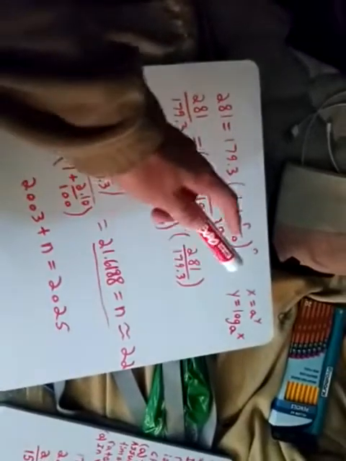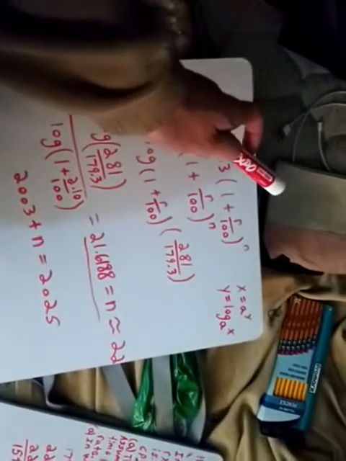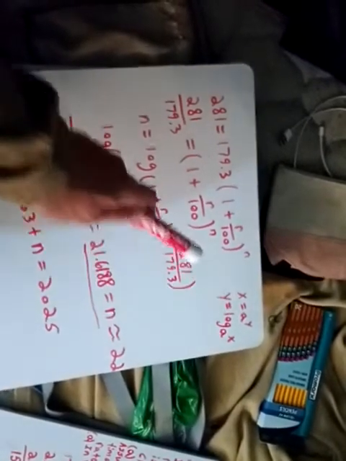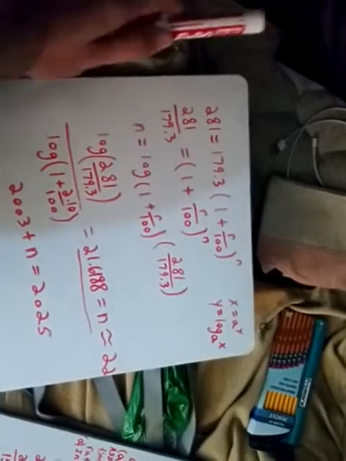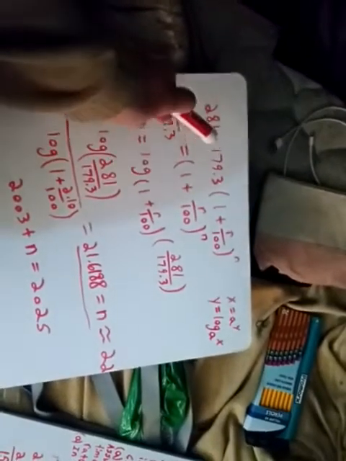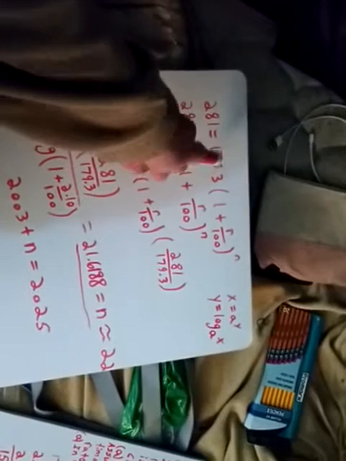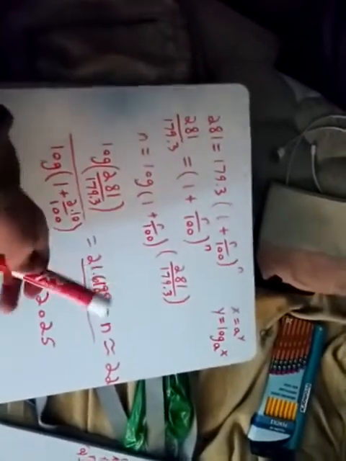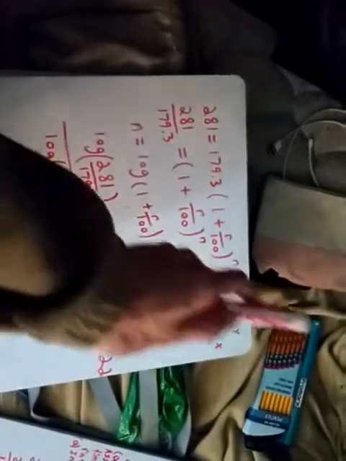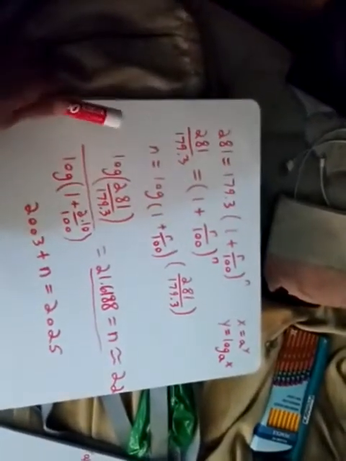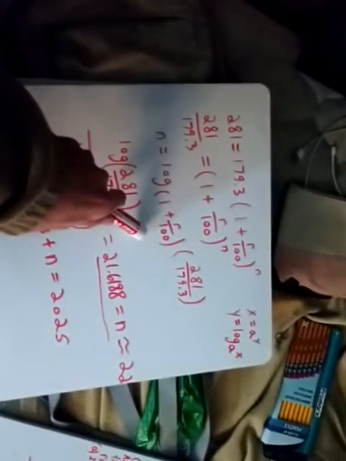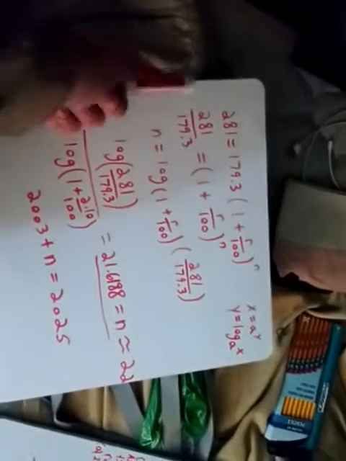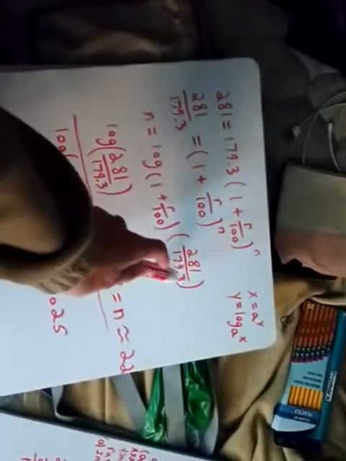In this case, to solve for n, I had to cancel some factors, like this factor here. That's what got me this 179.3 on both sides. Then I just had to convert the exponent into a logarithm. Then I used the change of base formula to find out what power the base would have to be raised to, which was n, to get to the x value.